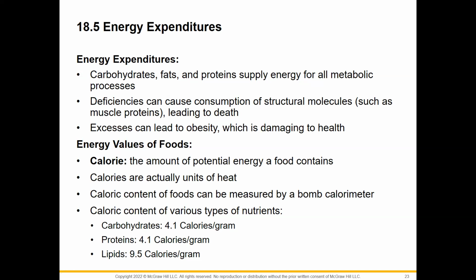For example, your body can start consuming your own muscle tissue in order to provide the nutrients it needs. If this happens enough, you can consume enough of your body to lead to death, especially if we start getting into the more important proteins in our bodies.